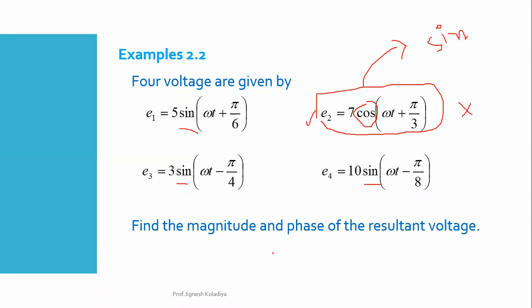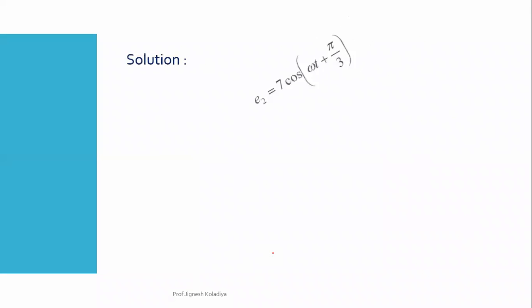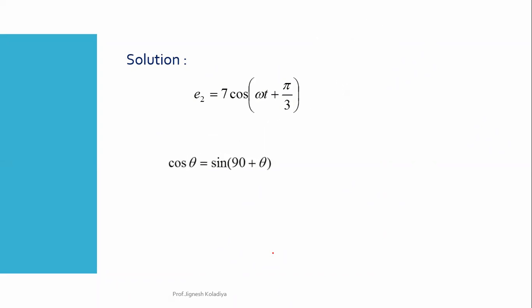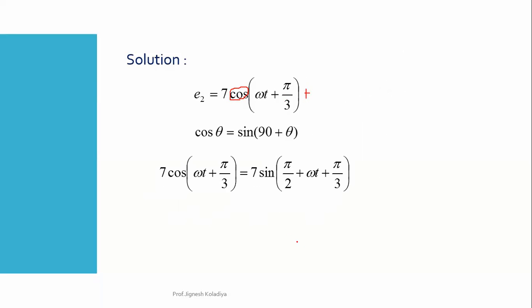So how can we convert it? E2 is given like this, 7 cos omega t plus pi by 3. And we know cos theta is nothing but sine 90 plus theta. That means if I want to convert this cosine into sine, I have to add plus pi by 2 in this case. So 7 cos omega t plus pi by 3 is also written as 7 sine pi by 2 plus omega t plus pi by 3.